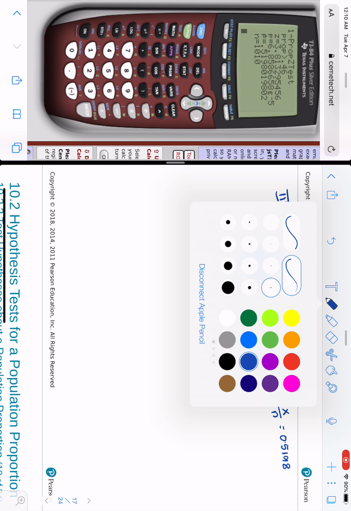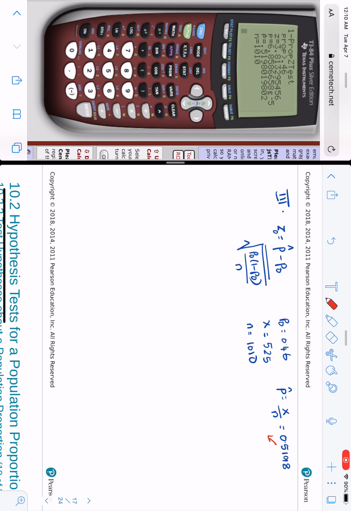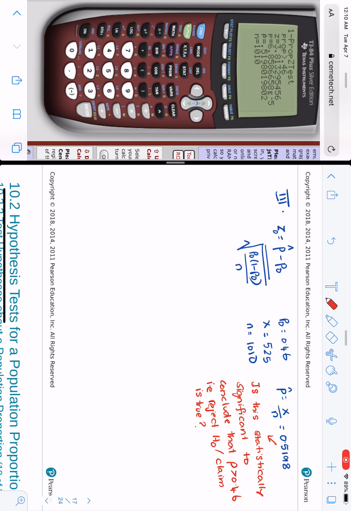So the question here is that value 51.98%, which is definitely greater than 46%.